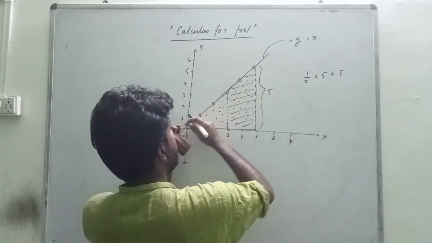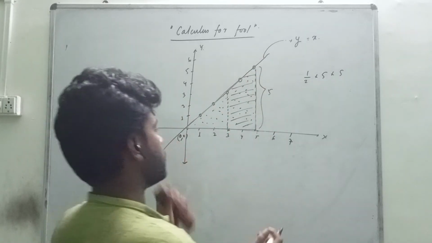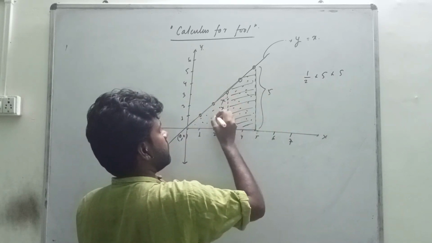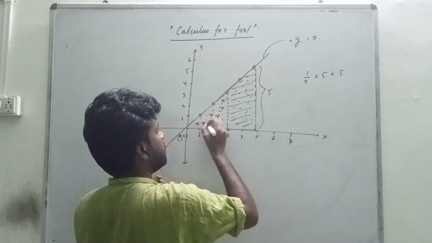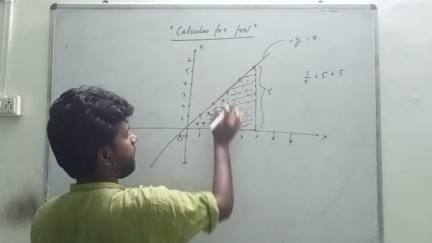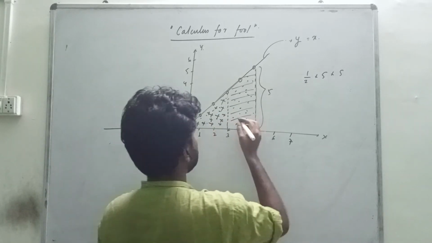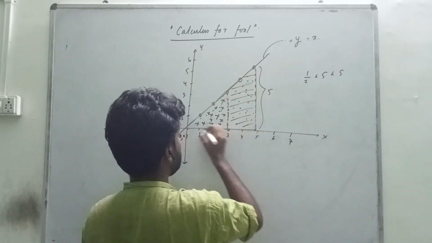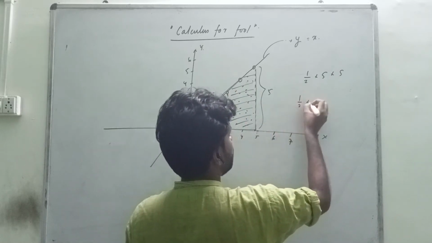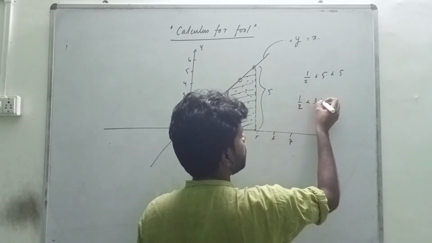You will get the full area of this large triangle, and you subtract from it this small triangle here, I mean it is just the crossed area. So what is the crossed area? Well, it is half into just 3 into 3, right? Half into 3 into 3.